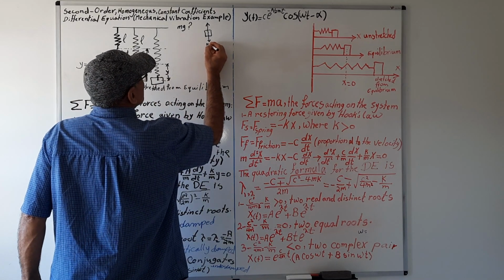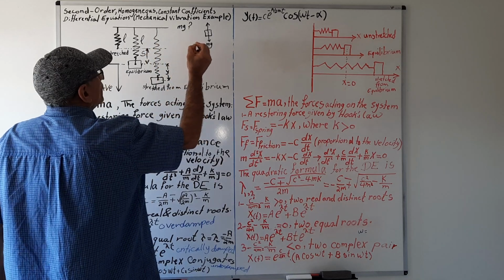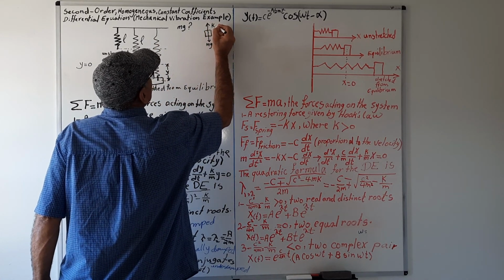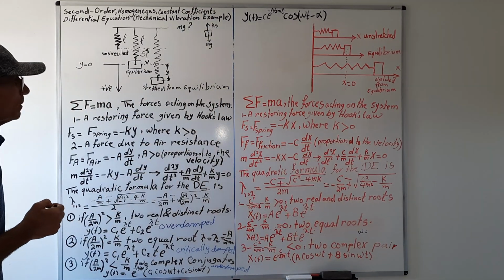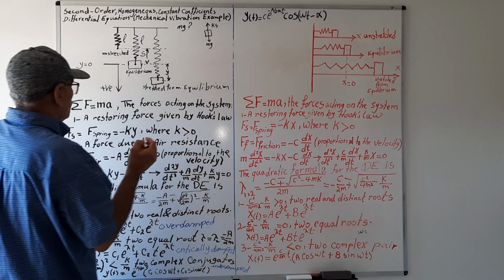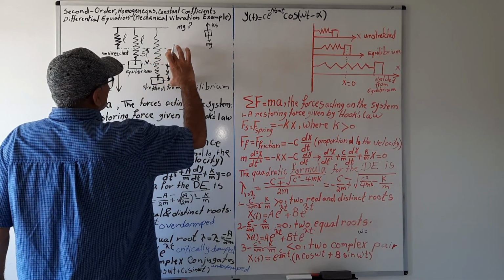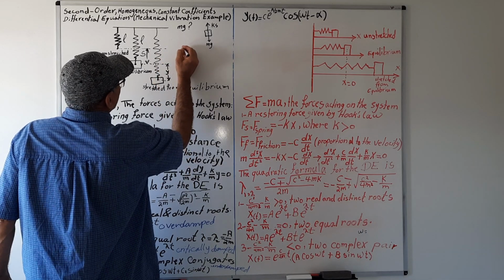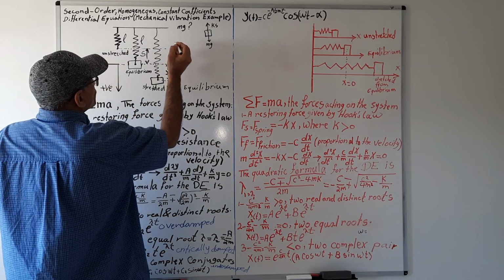Here is mg, and here k s, the spring force. So here we have this, and when we stretch it, we have the summation of forces equal m a, the same thing.